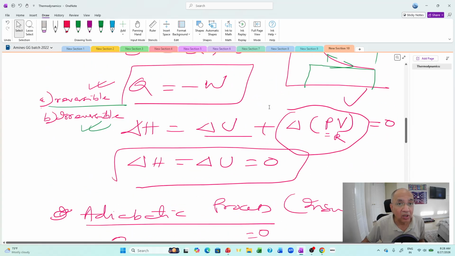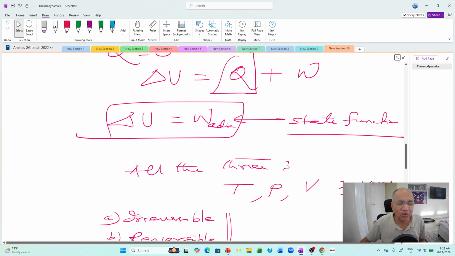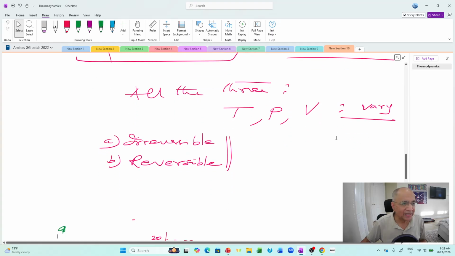Unlike in isothermal, only temperature is constant, and P and V vary in a reciprocal manner. But here there is no reciprocity. Temperature drops, pressure drops, volume increases. Of course, there is a PV relationship, but PV is not equal to constant. I'll tell you.